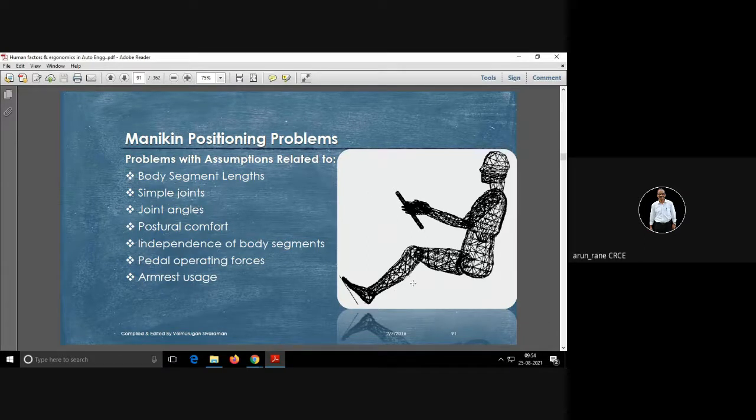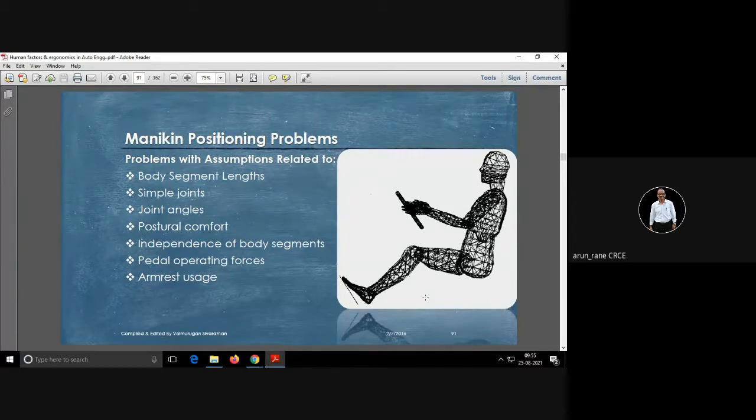You know that our body is made up of several joints. From the tip of the finger to the elbow, there are almost 36 joints. One finger itself has three joints; any finger you take, there will be three joints.